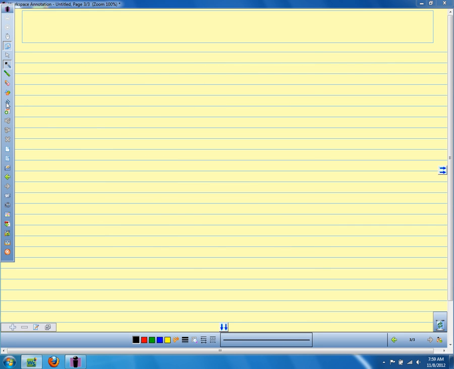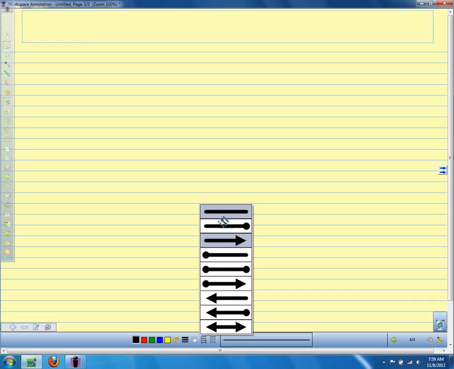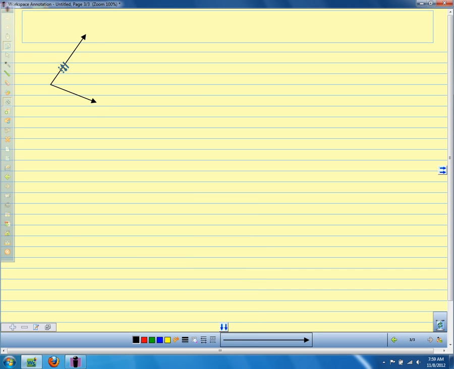If I have two vectors like so, and this is u and this is v, and this is the angle between them, theta, with 0 less than or equal to theta less than or equal to pi, then the cosine of theta is u dot v over the length of u times the length of v.